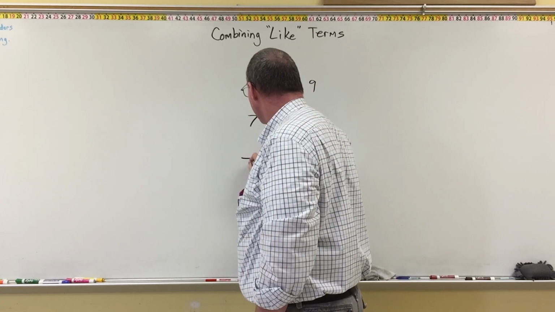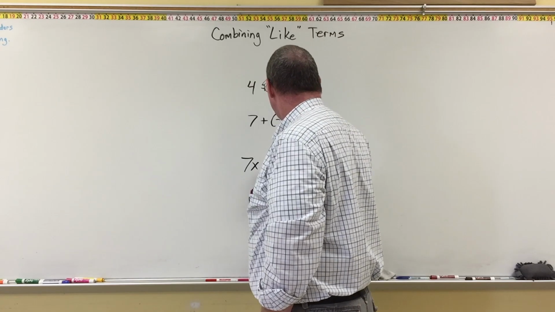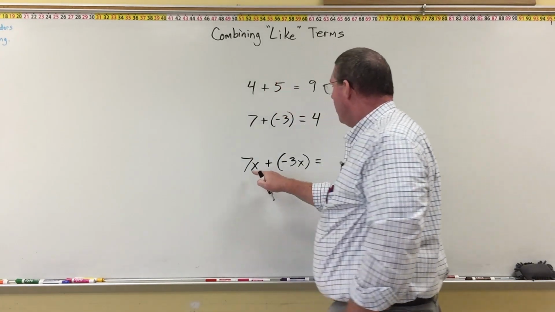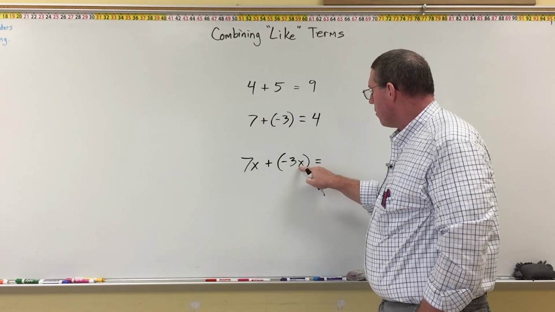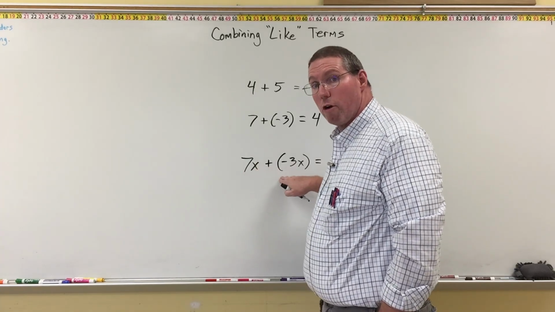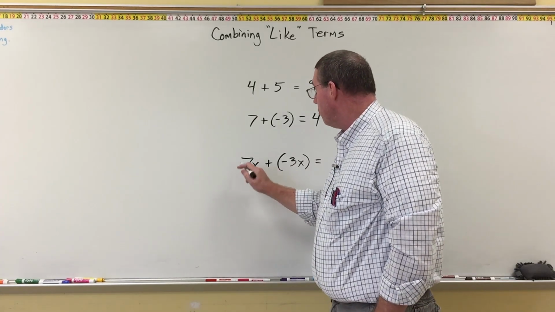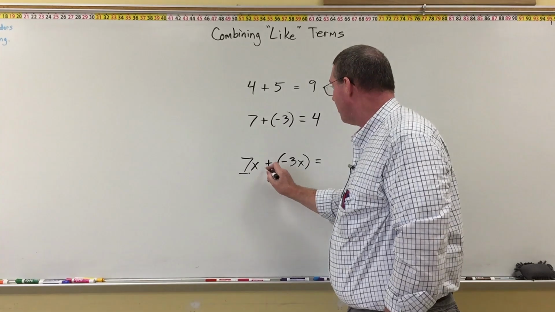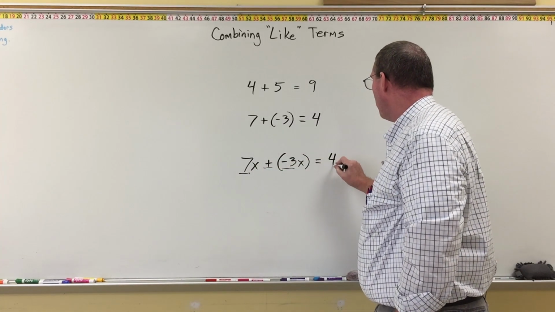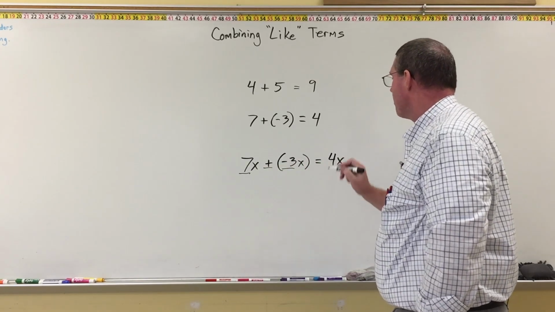But if we had 7x plus negative 3x, this is x to the first power. This is also x to the first power. Therefore, these two terms are like terms, and all we have to do is do the same thing we did here, which is take the 7 and add it to the negative 3. So 7 plus negative 3 is 4, and then we'll include the x.